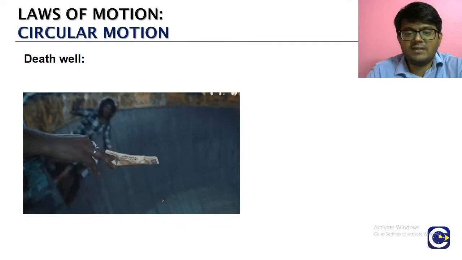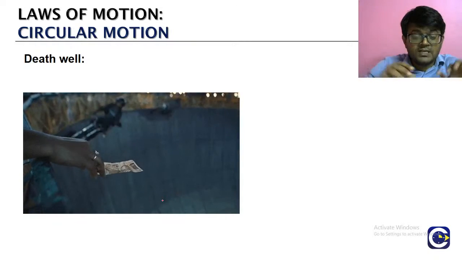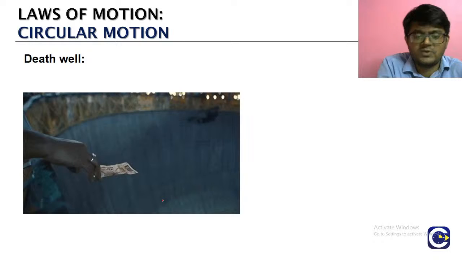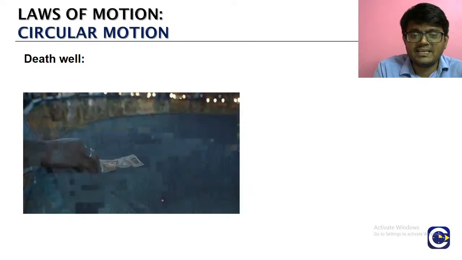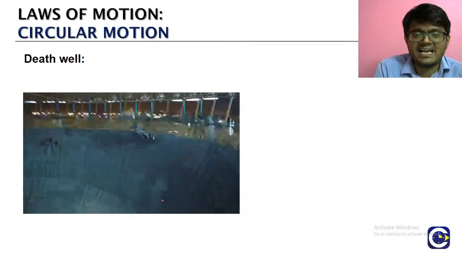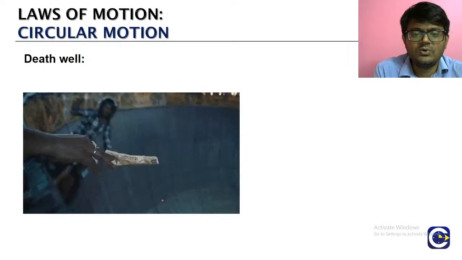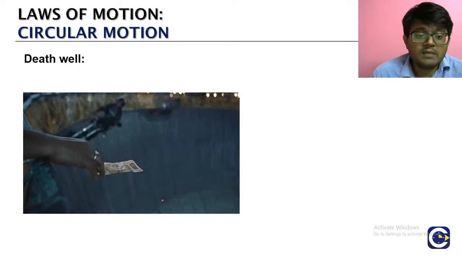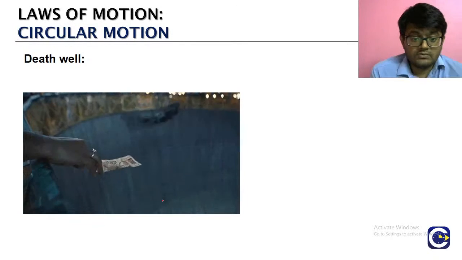The visitors stay at the top. If you really appreciate their efforts, sometimes people will put cash like this, and the riders will not only be riding that bike, but even catch this cash and put it in their pocket. If you happen to go to these things, you will understand what I'm talking about. But what actually happens because of which these guys are not falling down?